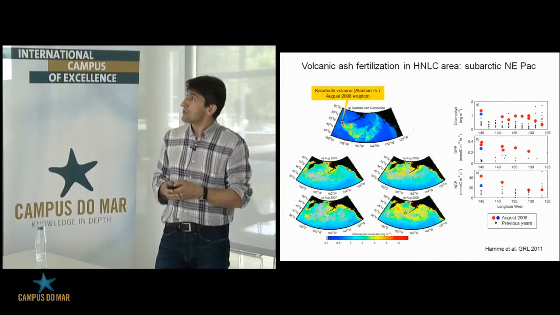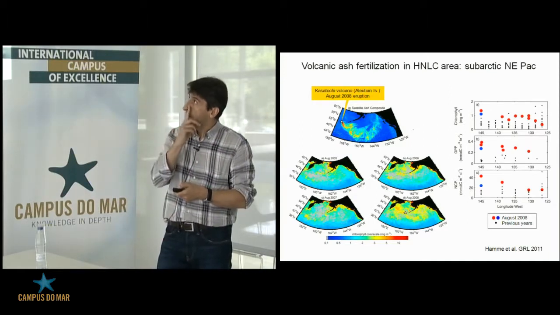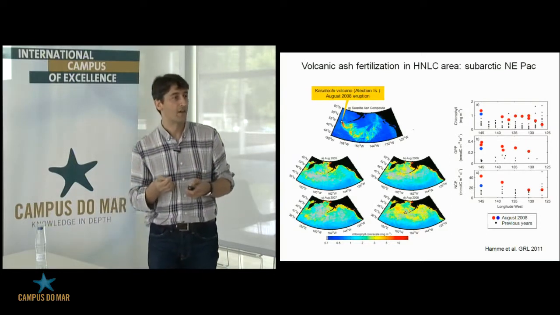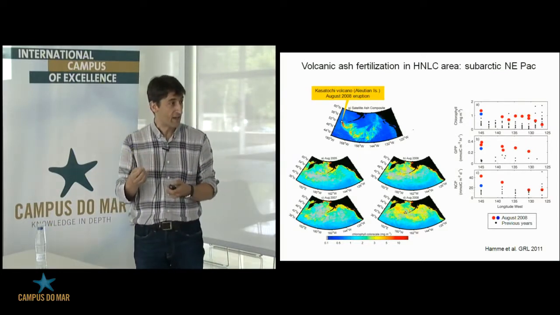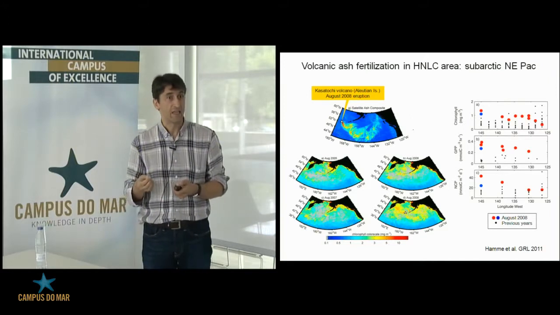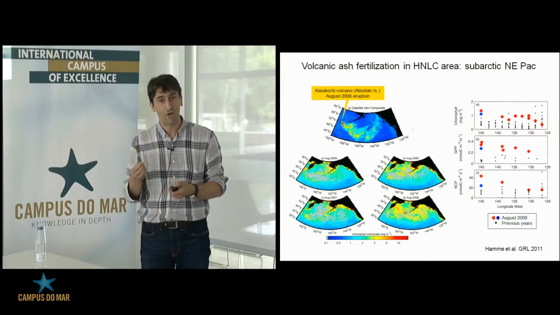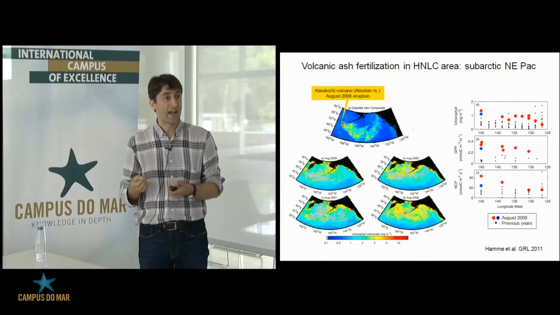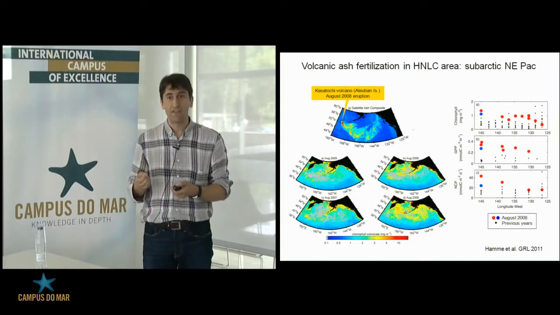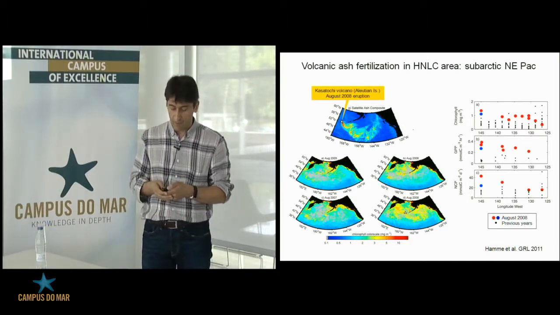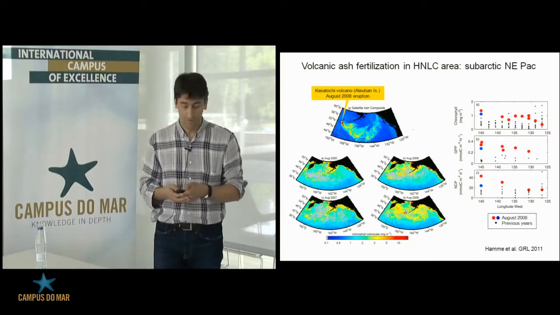And I would like just to move on to consider a different way in which materials can fertilize the surface ocean. These are not dust deposition events coming from deserts, but volcanic activity. Volcanic activity is known to be a source of iron, and that iron can stimulate primary production and the abundance of phytoplankton.